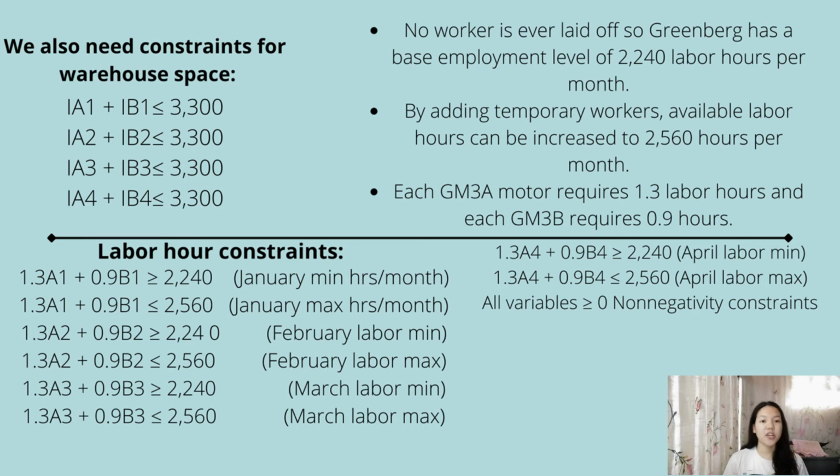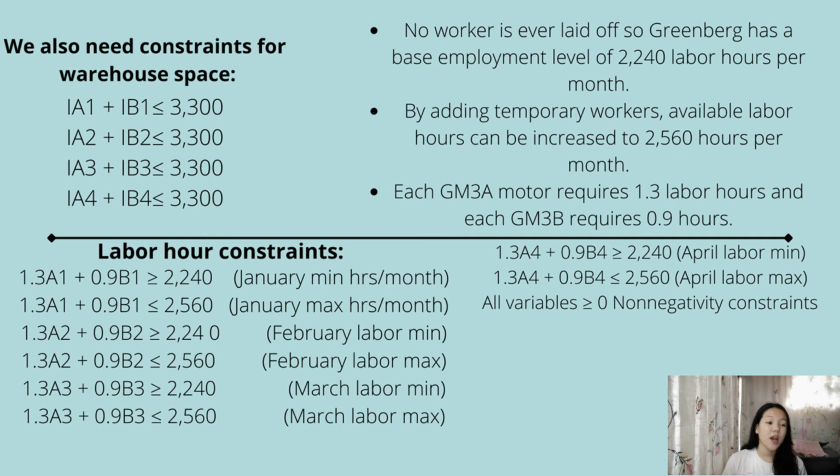And that's not the only thing we should consider, because we also have to consider labor hours and, of course, as mentioned earlier, warehouse space. No workers are ever laid off, so Greenberg has a base employment level of 2,200 labor hours per month. By adding temporary workers, the available labor hours can be increased to 2,560 hours per month.